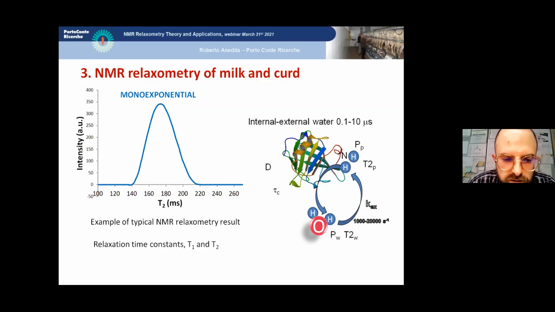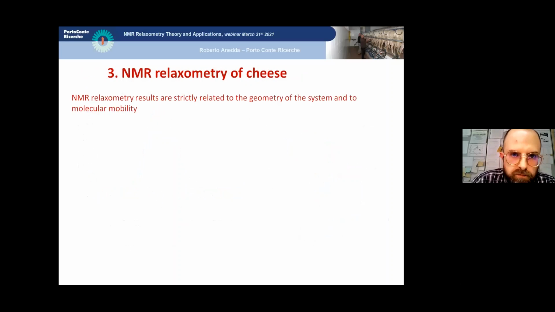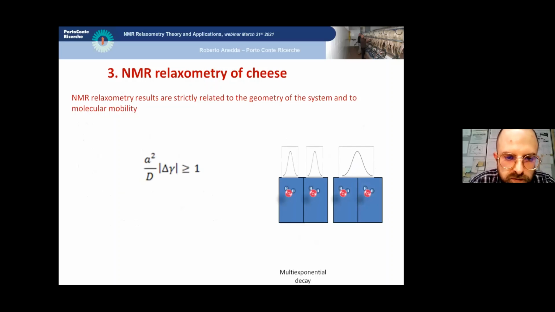In milk and curd, usually, but not always, in real systems, a single T2 value is observed, and we say the decay is mono-exponential. The condition to observe multi-exponential features, which means more than one T2 value in the system, is the equation that is reported here, where A is the dimension of the inhomogeneity domain.